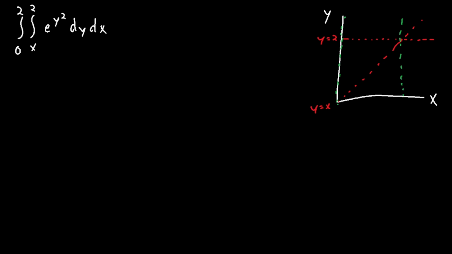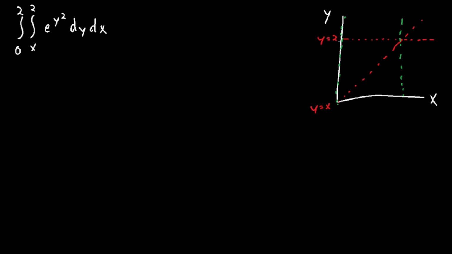Now, we have two triangles. Which one do we shade in so we know which one we're integrating upon? Well, you can tell based off the order in which this integral is placed. When you're integrating with respect to dy, the top value is the top bound, and the bottom value is the bottom bound.